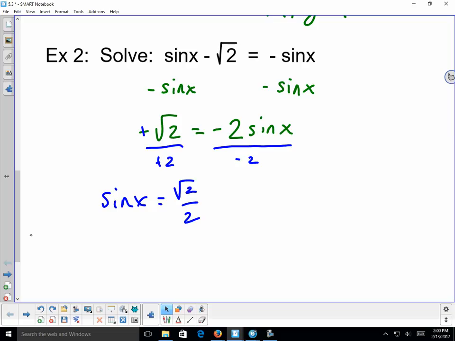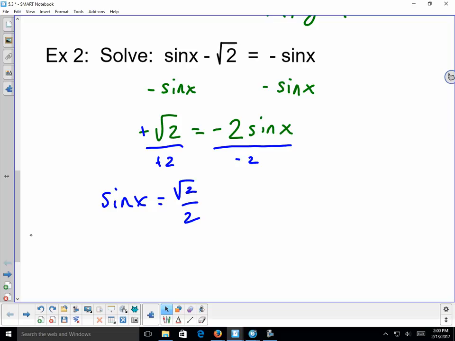Brendan? Pi over 4 or 3 pi over 4. So pi over 4 is here, and 3 pi over 4 is here. Does everyone agree that those are the places where my y coordinate is square root of 2 over 2? Are we okay with this?